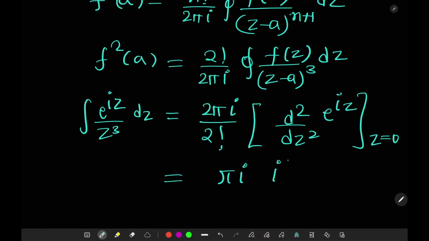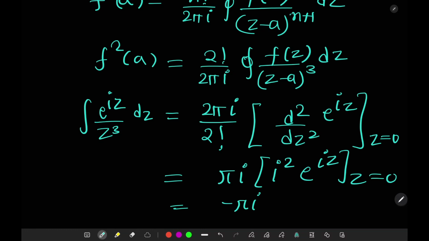On differentiating this, we get 2 times i, so this becomes i squared, and z equals 0. Putting z equals 0, we get minus pi i.